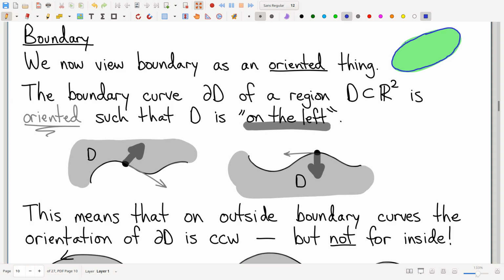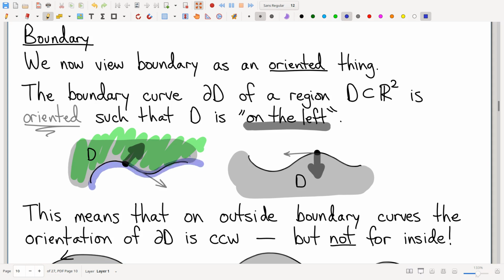Okay, so we're going to reinterpret now boundary as being an oriented thing. All boundaries that we're going to talk about in chapters 6 and 7 are not just curves, they're going to be oriented specifically. And so, for example, if I have a region like this, and that's not the whole region, I just wanted to draw part of the region, and here's my boundary curve like this.